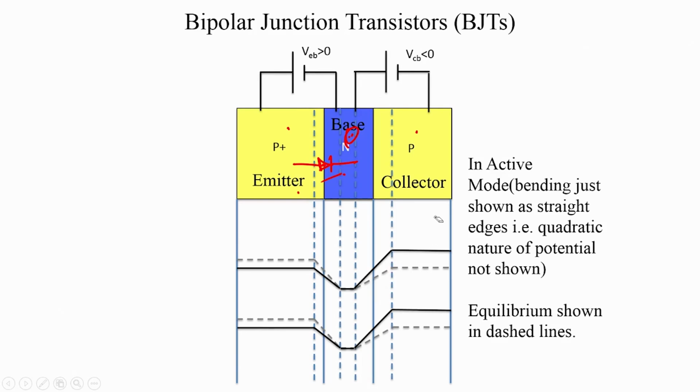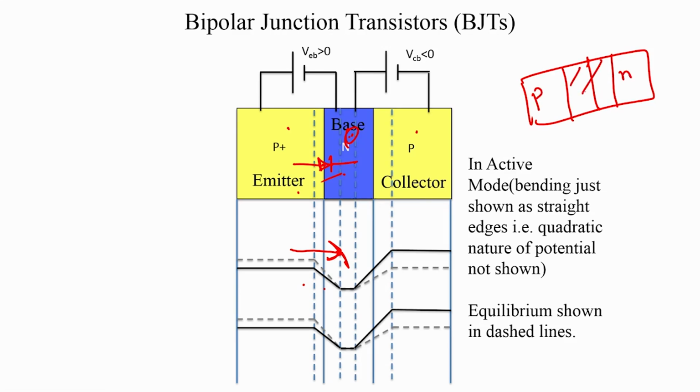So based on your understanding of PN junction theory, what do you expect would happen here? Since this diode is now forward biased, you will have a huge diffusion of carriers from this P to this N. In your PN junction diode theory, we saw that there was a depletion region, and you had your P, you had your N, and when the junction was forward biased, you had a huge migration of the holes from the P to the N, a migration of the electrons from the N to the P, and the holes became the minority carriers on the N side.